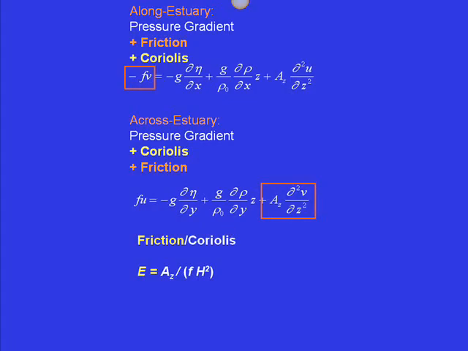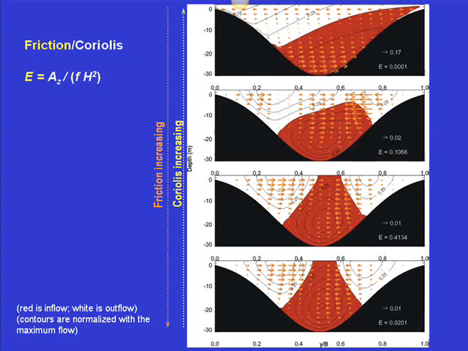So now we have effectively added cross-channel flows with this modification of the original dynamical framework that we had established. So now we've added cross-estuary flows. And notice here, for the case of the low Ekman number, can anybody say why the arrows are pointing in those directions?